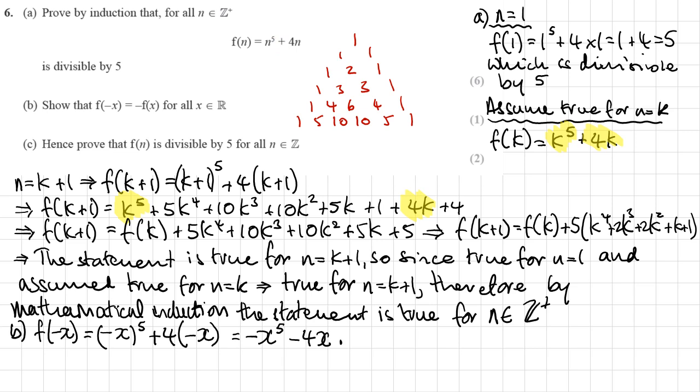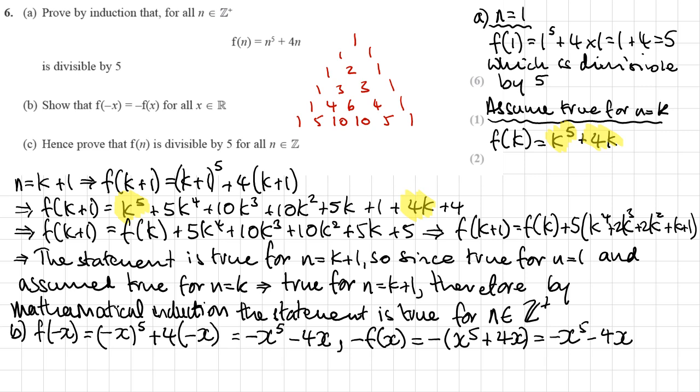Right, okay, let's see what we get for positive x. So f of x, and we're actually now working out negative f of x. I don't want to miss that out. So negative f of x will basically be just a negative sign in front of the whole thing. So negative (x to the power 5 plus 4x), and that will be negative x to the power 5 minus 4x.